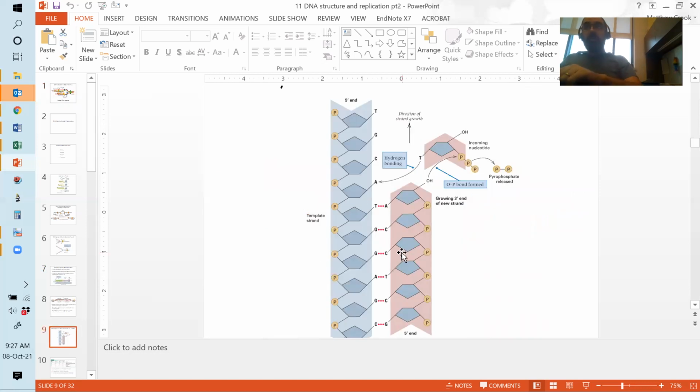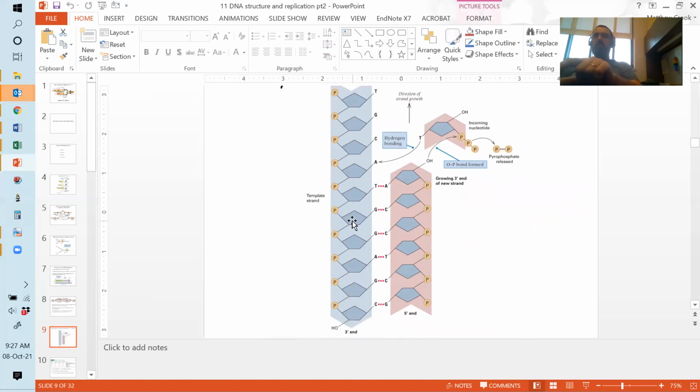Again, just because it's important, you only add a new nucleotide to the 3' end using that OH. Now, there's a little bit here that's worth pointing out. One is that this hydrogen bonding and the size is what ensures a reasonable degree of replication fidelity, or accuracy.